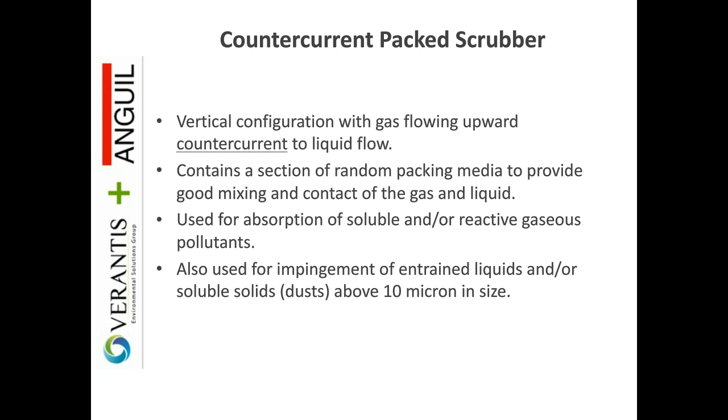This type of scrubber also happens to be very effective at removing particulate, liquid droplets and solids that are above about 10 microns in diameter. You wouldn't necessarily prefer to use it for that if those things are insoluble. Soluble would be much better, so you don't have to worry about fouling. But nonetheless, this type of scrubber is very effective for that purpose.